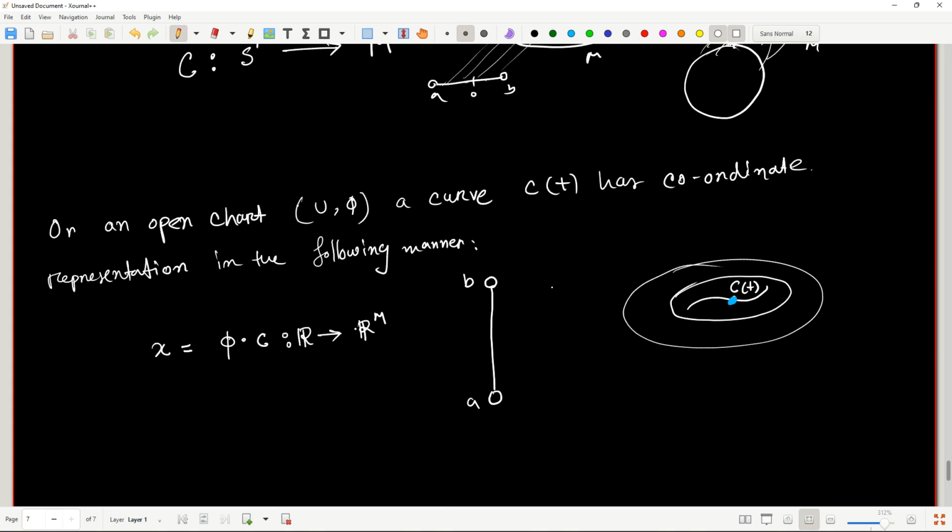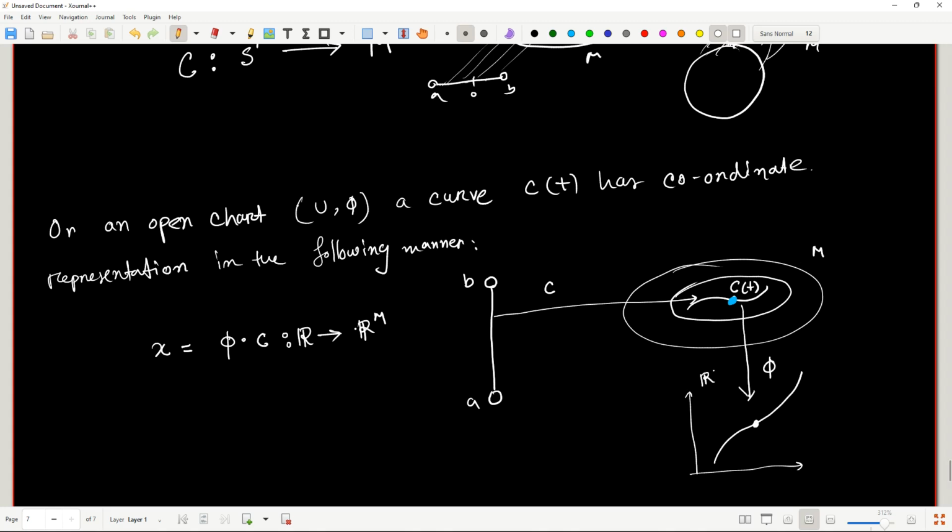So what C does, C maps the points between A and B to this curve, right? So this is C. What is phi? By our convention, I think you have guessed it by now, it's just a local homeomorphism from the manifold to the m dimensional space Rm.